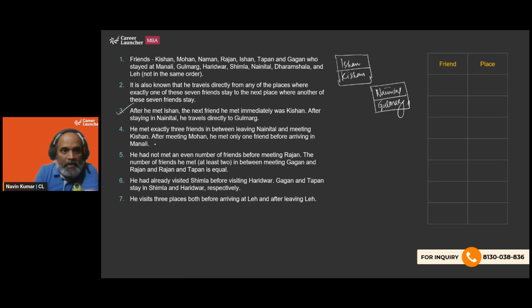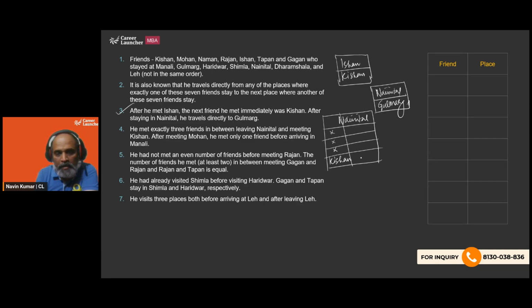Okay. He met exactly 3 friends in between, leaving Nainital and meeting Kishan. So he leaves Nainital, and then there are exactly 3 friends that he meets, and then he meets Kishan, right? So this is the block that will go of 5, right?